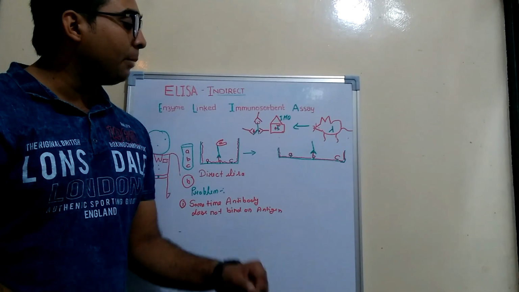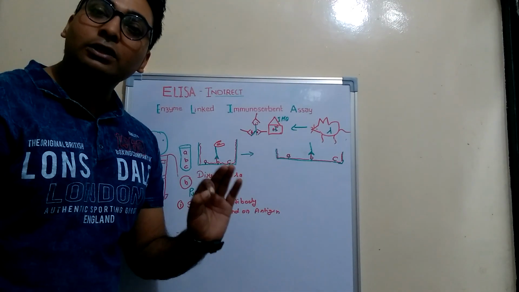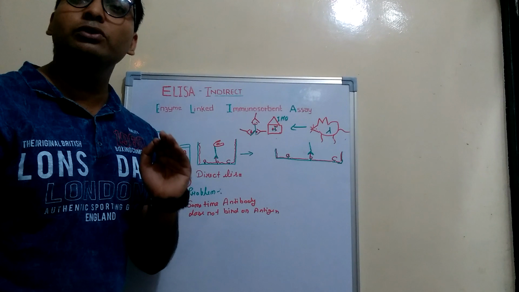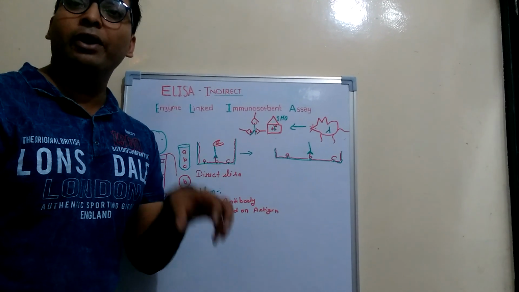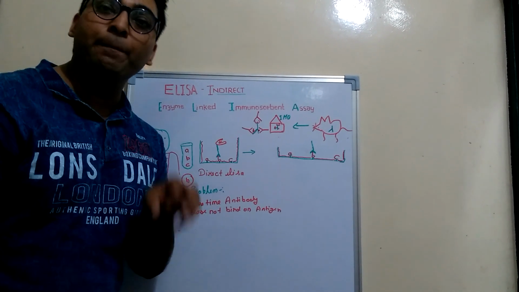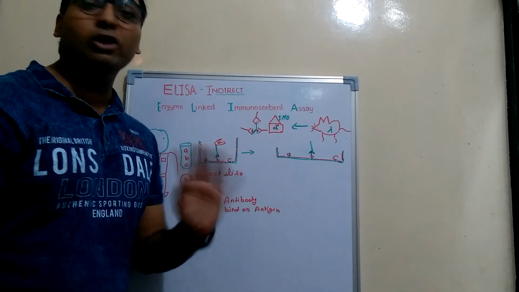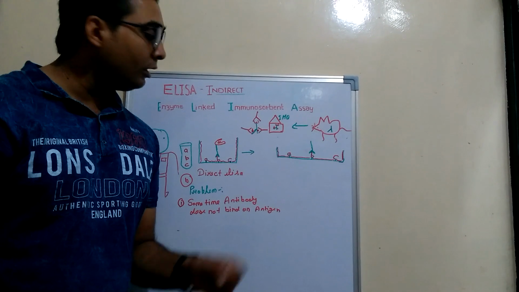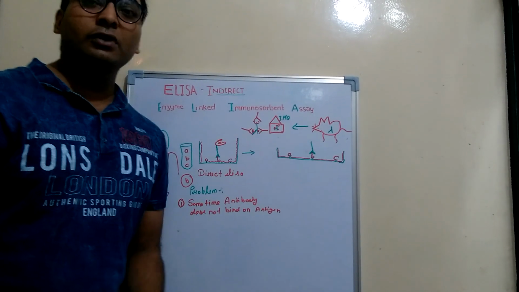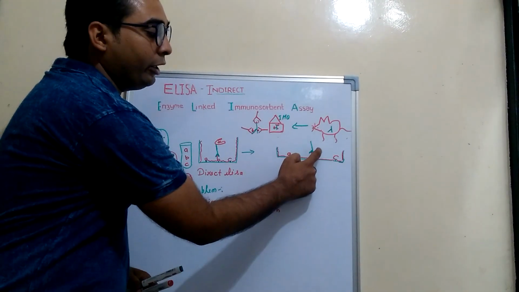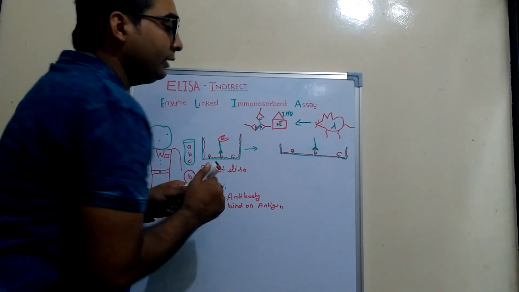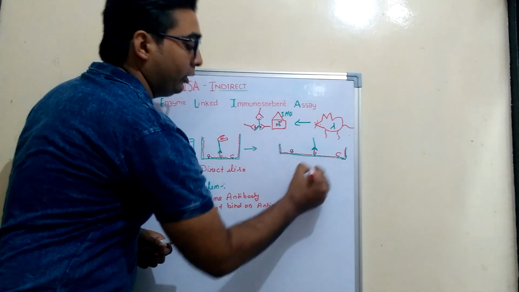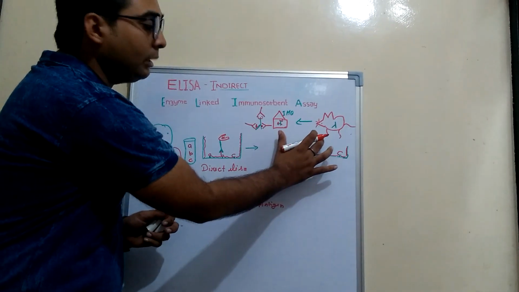That's why, to detect B antigen, I will use the primary antibody, a specific antibody that will bind only on antigen B, not on antigen A, not on antigen C. But this antibody that I have used here is not enzyme linked. This is the primary antibody.